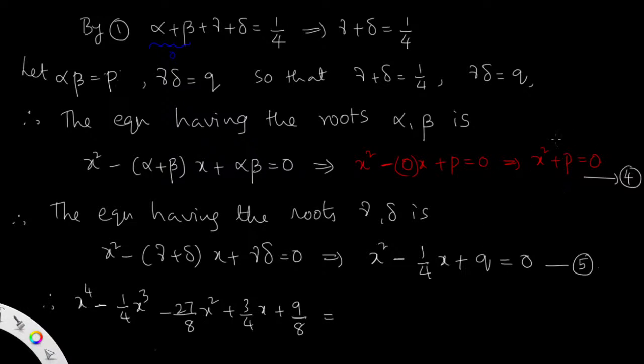This is quadratic, this is quadratic. By combined equation you get a 4th degree equation. That is why I am multiplying equation 4 and equation 5: (x square plus p)(x square minus 1 by 4 into x plus q). This is the combined equation of the 4th and 5th equations.